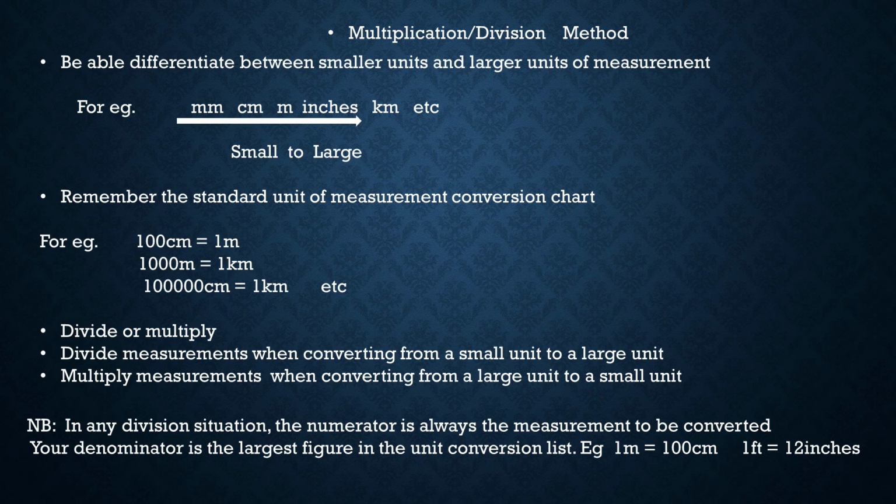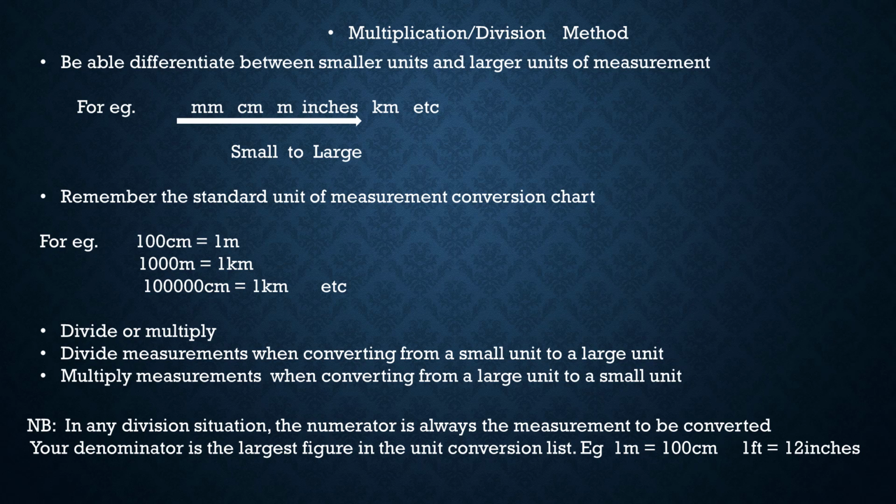Take note that in any division situation, the numerator is always the measurement to be converted. Alright, so when given a measurement to be converted, that measurement is always your numerator. Your denominator is the largest figure in the unit conversion list.